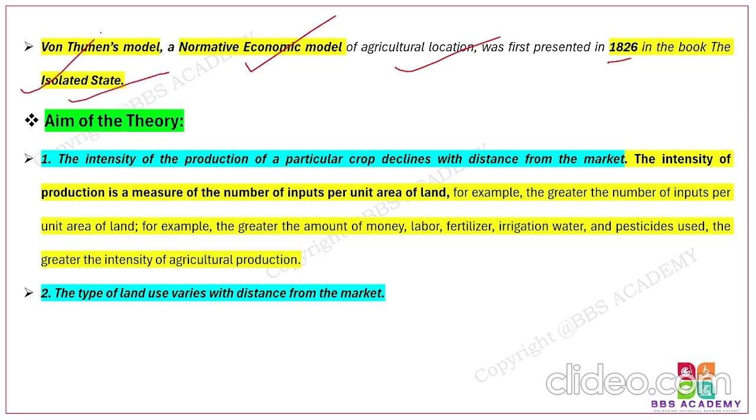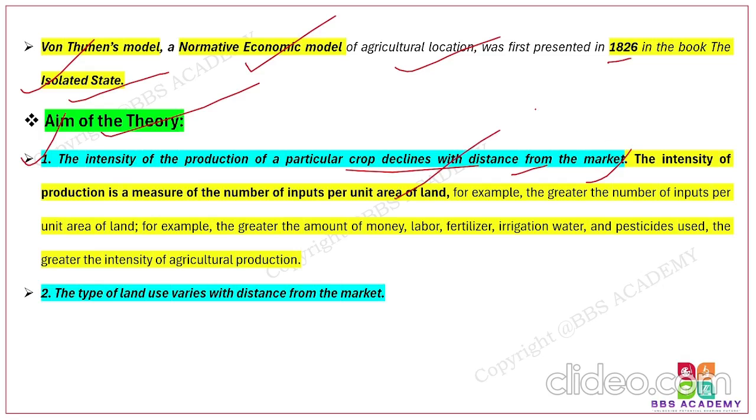In this theory, the two basic aims were, firstly, that the intensity of the production of a particular crop declines with distance from the market. Basically, the intensity of production is a measure of the number of inputs per unit area of land.